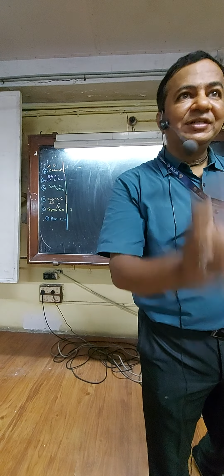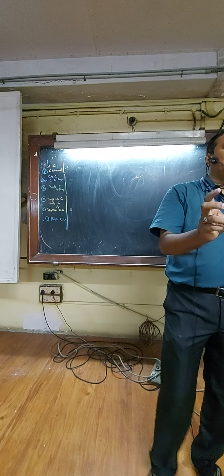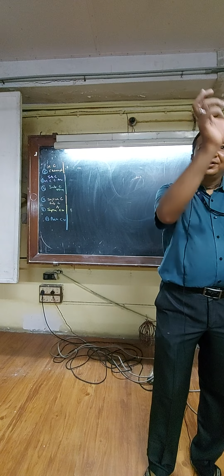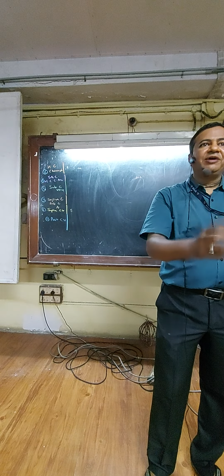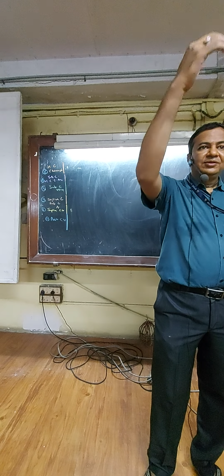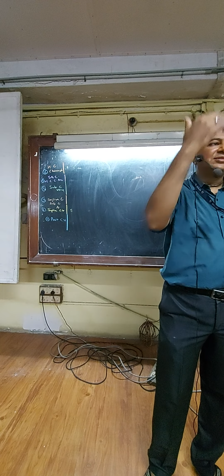The posterior relation of the body is the aorta, the posterior relation of the head is the IVC. So the anterior relation of the IVC is the head of the pancreas. So liver, head of pancreas, okay?